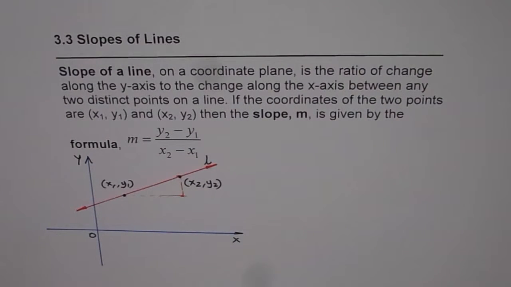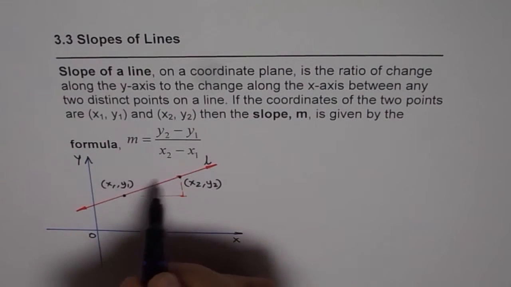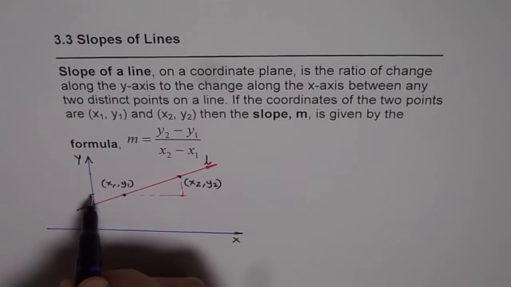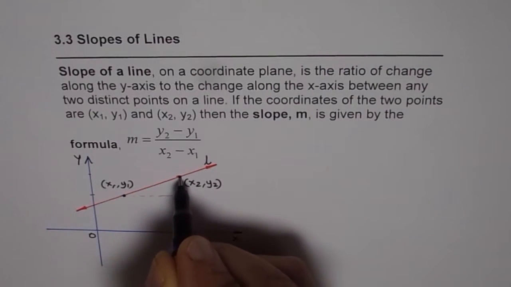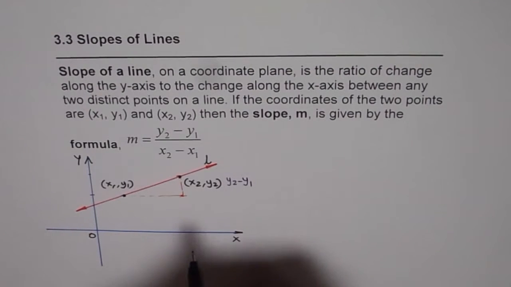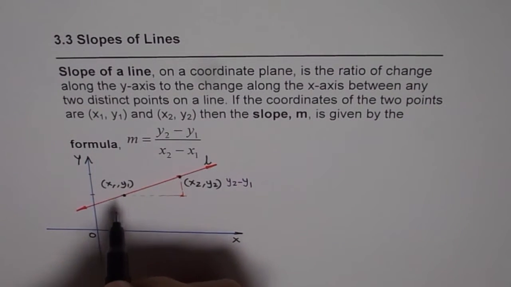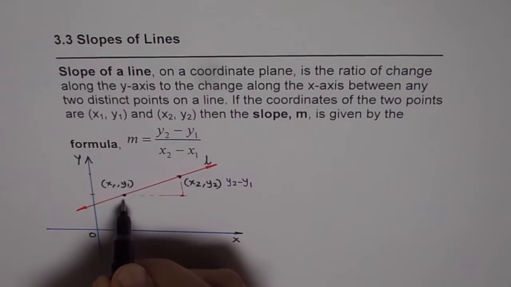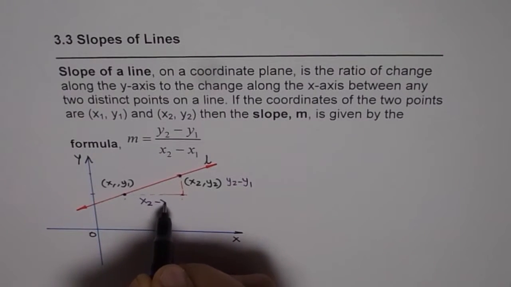And you can always find change in y by finding the difference between the y values, right? So for the first one, the y value is y1, and for the second one, y2. So change in y will be y2 minus y1. And change in x is, if I move from the first point to the second point, x1 to x2, so the change is x2 minus x1.